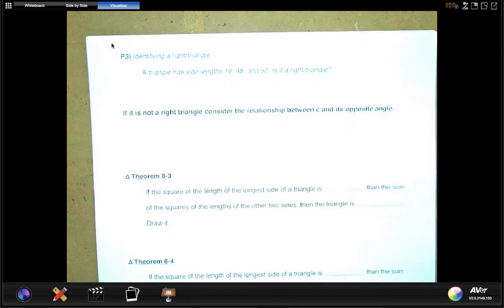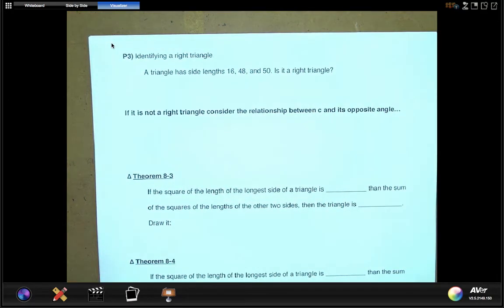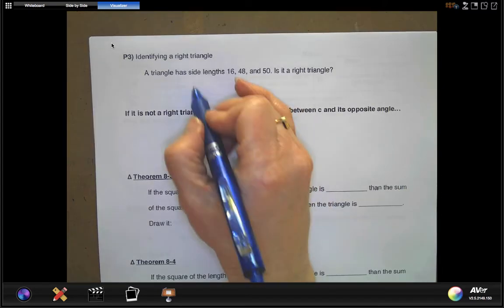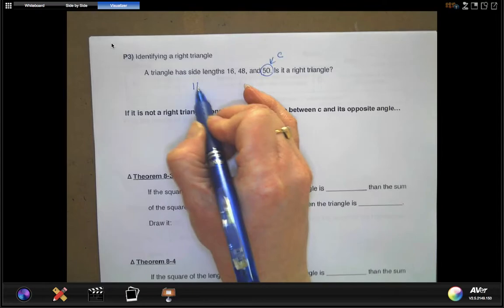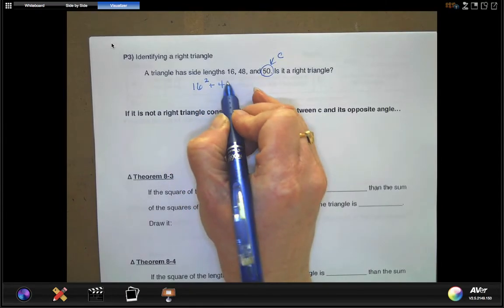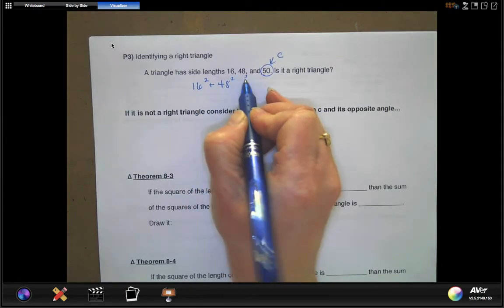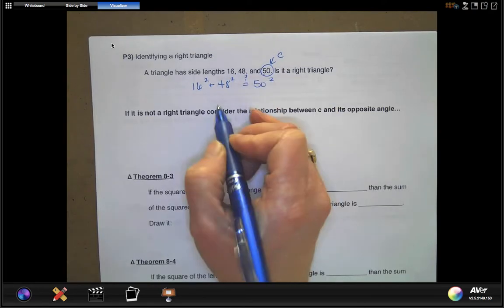So the next example says, identifying a right triangle. So a triangle has side lengths 16, 48, and 50. Is it a right triangle? So this is the longest, so that has to be the C side. So I'm going to check 16 squared plus 48 squared. And I want to know, is it equal to 50 squared?